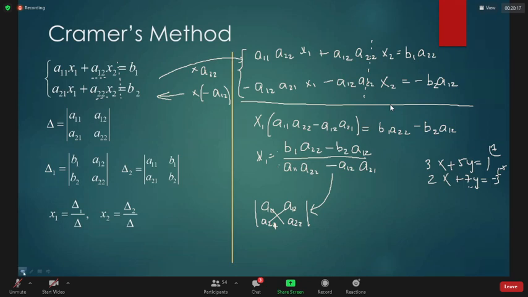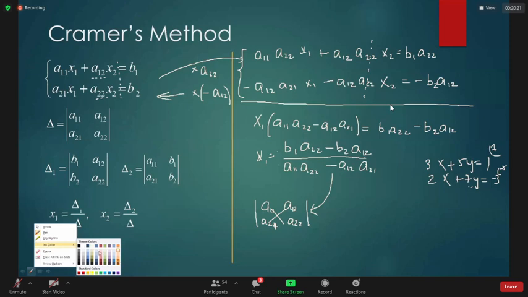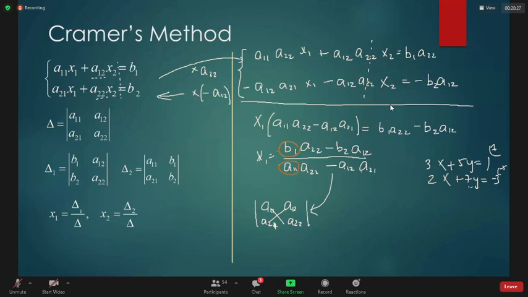In the top part, instead of a11, we have b1. And here, instead of a21, we have b2. So instead of a21, we have b2, and instead of a11, we have b1. Exactly what I have in my general method.